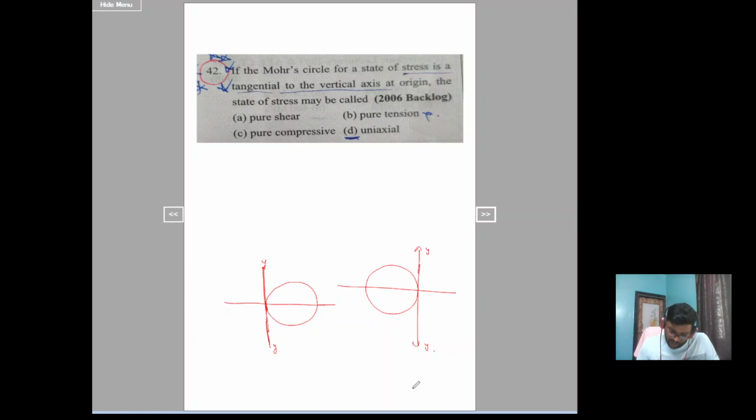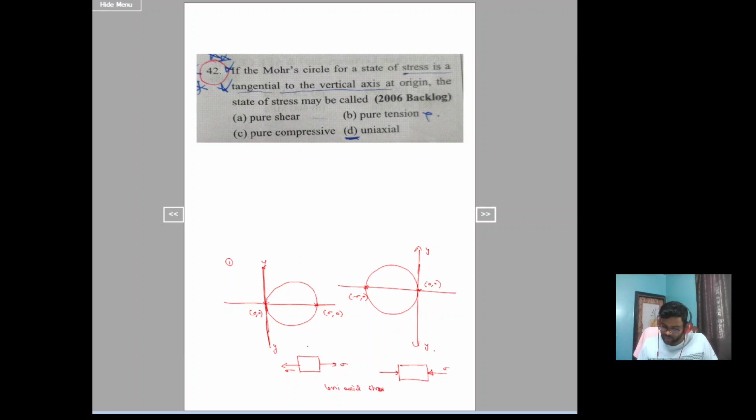If you see, let's take the first one. Here sigma comma 0 and 0 comma 0, which means the stress condition is sigma, and here there is no normal stress. And if you take this one, it is minus sigma comma 0 and 0 comma 0. He is mentioning it can be like this also. This is sigma compressive stress, and on another principal plane the stress is 0, that is uniaxial stress condition.